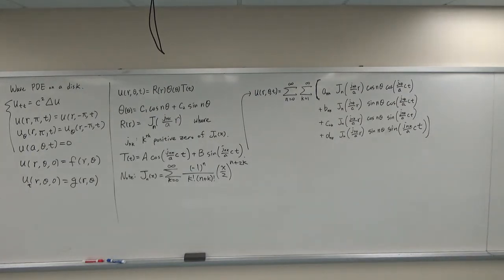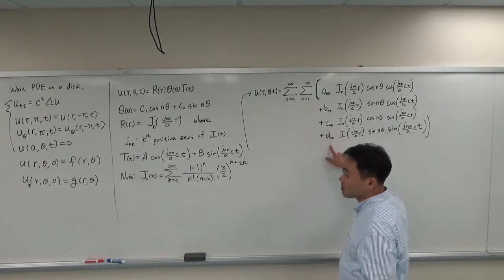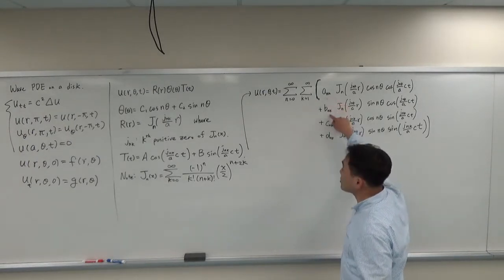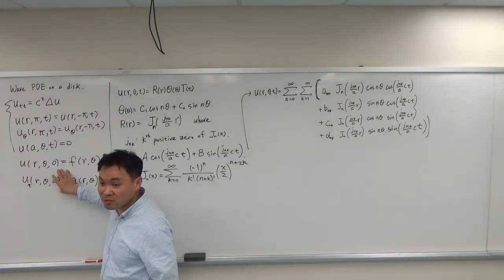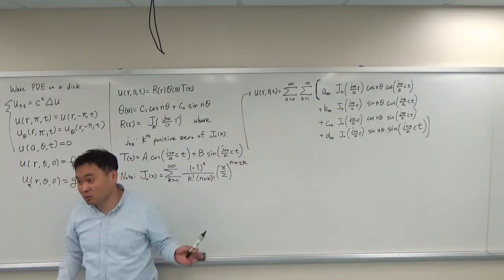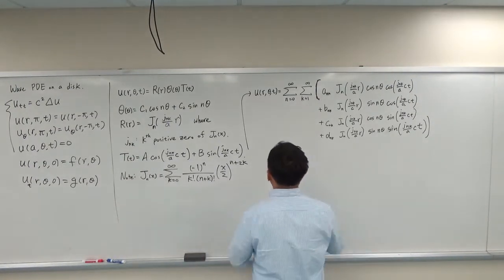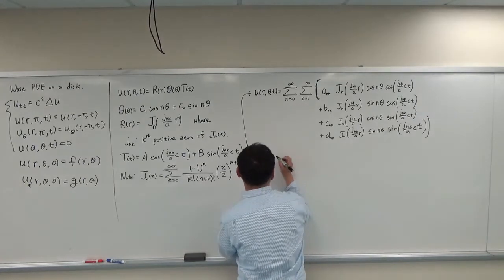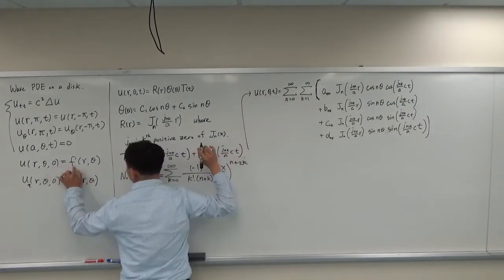So you have this huge summation. Now let's find out what these A_nk, B_nk, C_nk, D_nk should be. These are not determined because we haven't applied the initial conditions yet. If we apply the initial conditions, then we know what those are. So let's first see what happens if you plug in t equals 0.